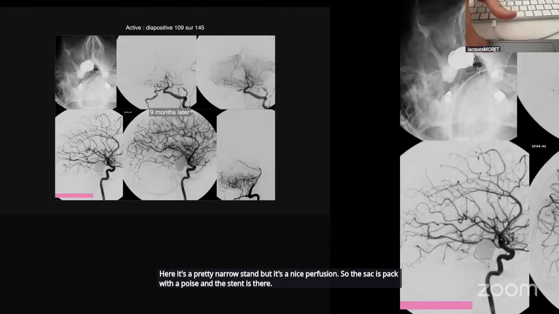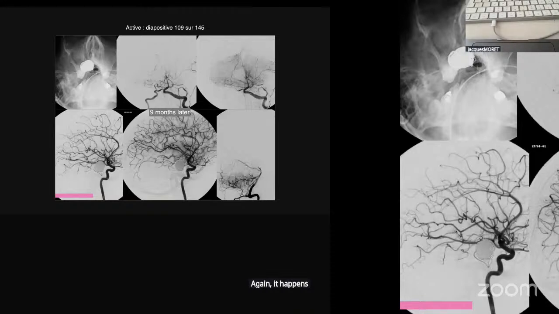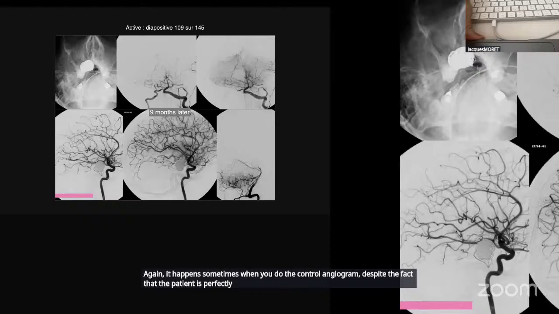Again, it happens sometimes when you do the control angiogram, despite the fact that the patient is perfectly anatomically clean with absolutely zero neurological deficit.